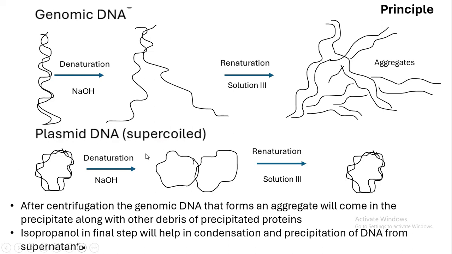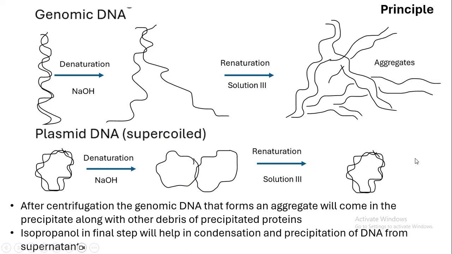While plasmid DNA, since it is in supercoiled form and is small in size, is able to quickly renature on addition of solution 3, and you get intact double-stranded plasmid DNA that is formed again.